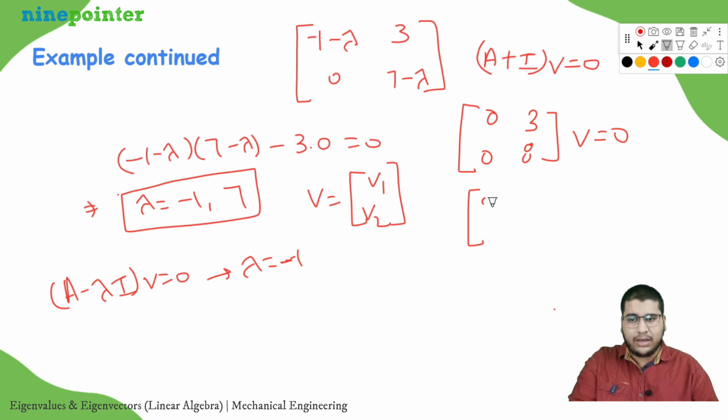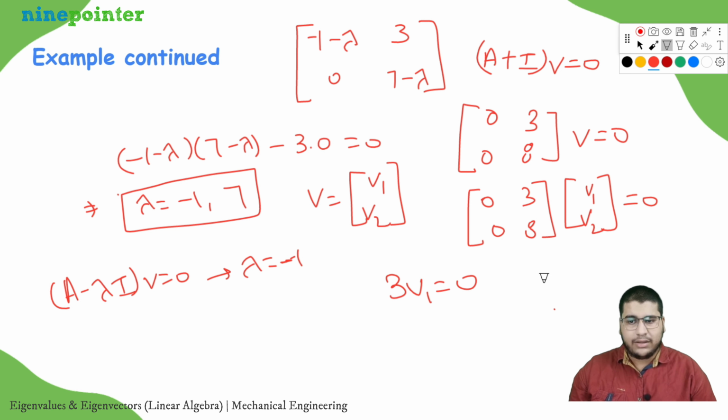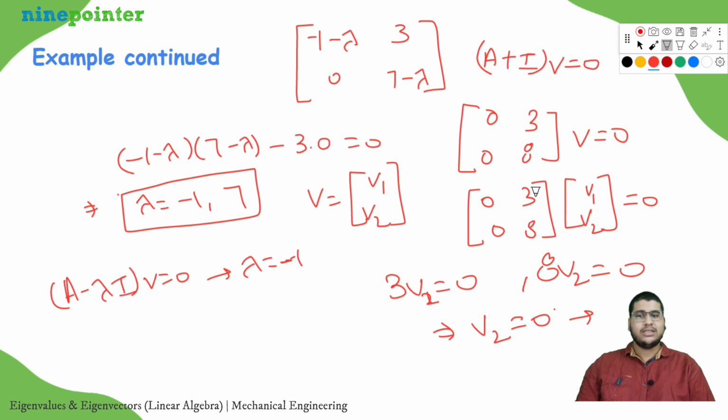So we can substitute this general form of v over here. And you can compute this matrix multiplication and see that the equations that result are 3v2 and 8v2 both equal to 0. These both imply that v2 equal to 0 is the solution for this system of equations. Now, we did not get a specific value for v1, right?